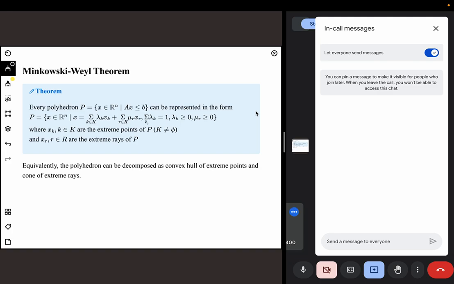So what is this basically? What does this term signify? This we have discussed last week also. This is called a convex hull.